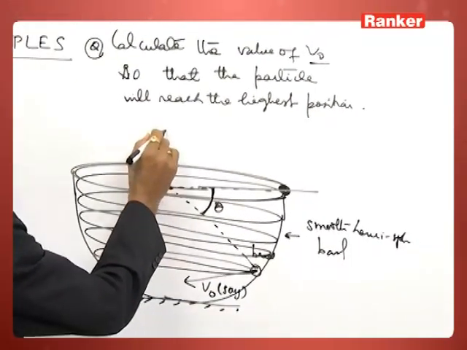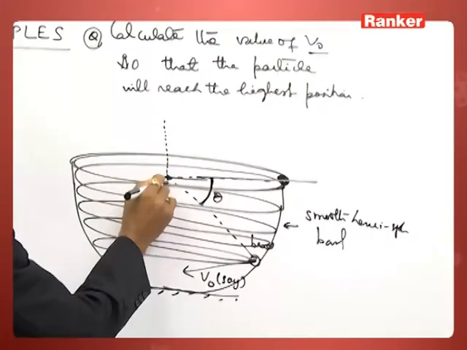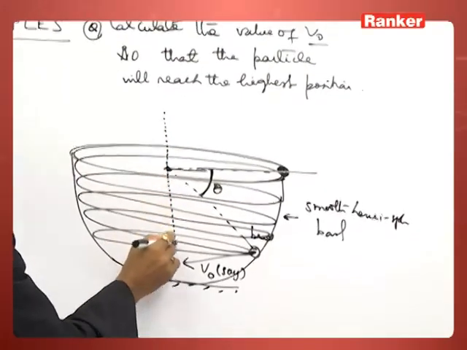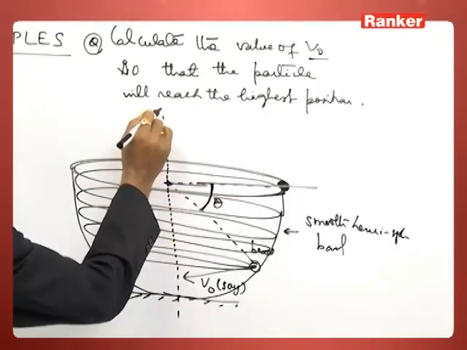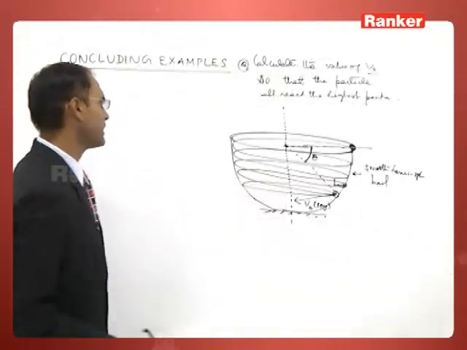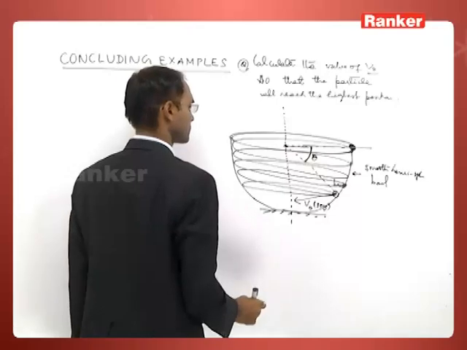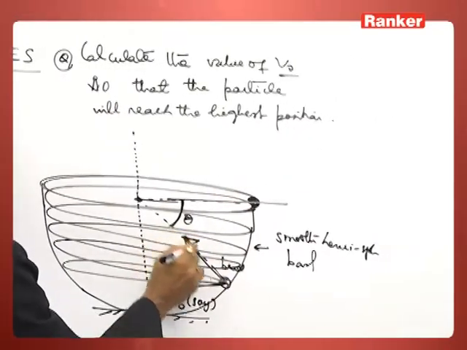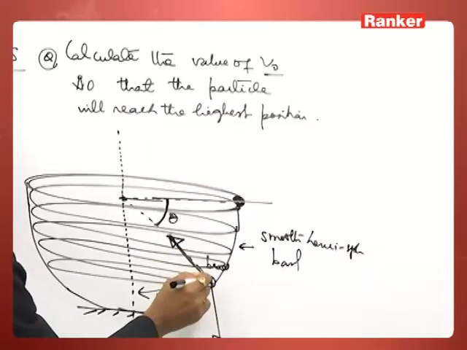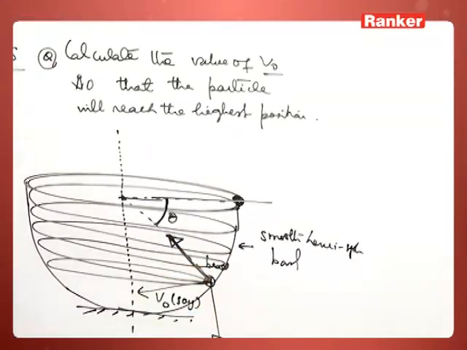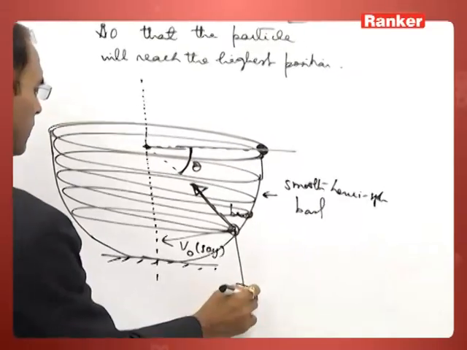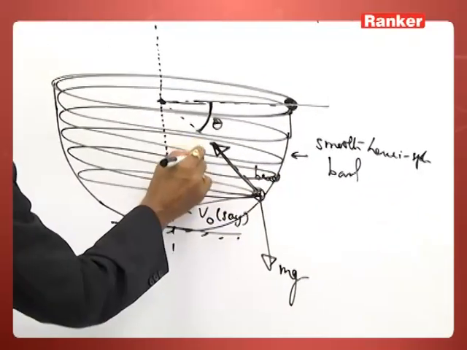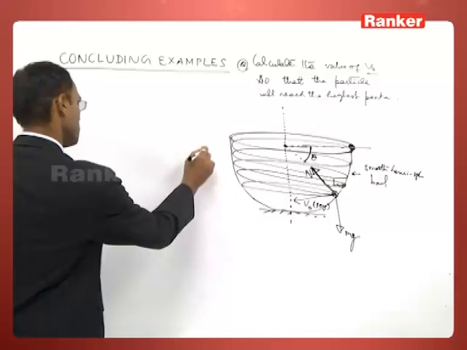Now we have to see what concepts we can use. Take this as the y axis, and draw the FBD. When you draw the free body diagram, this particle is acted upon by gravity and the normal reaction.